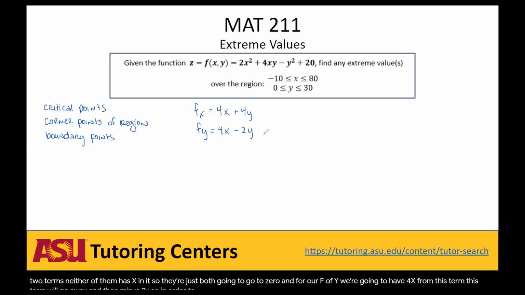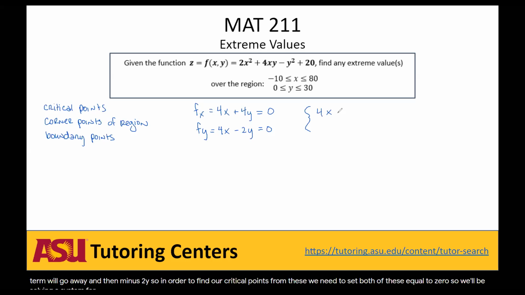In order to find our critical points from these, we need to set both of these equal to 0. So we'll be solving a system: 4x plus 4y equals 0, and 4x minus 2y equals 0. We can just use subtraction, since we've already got 4x in both equations.